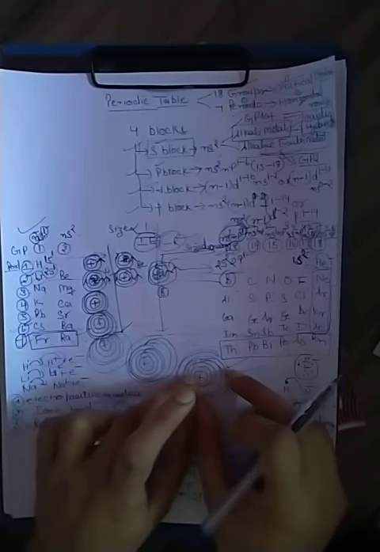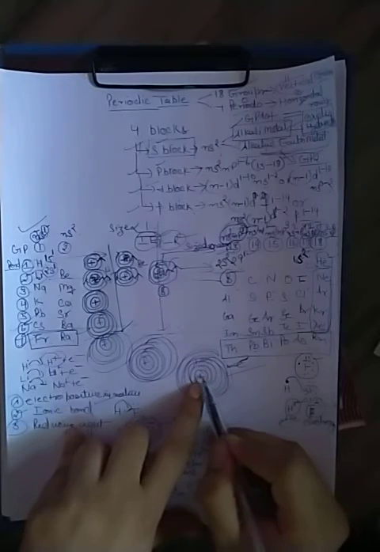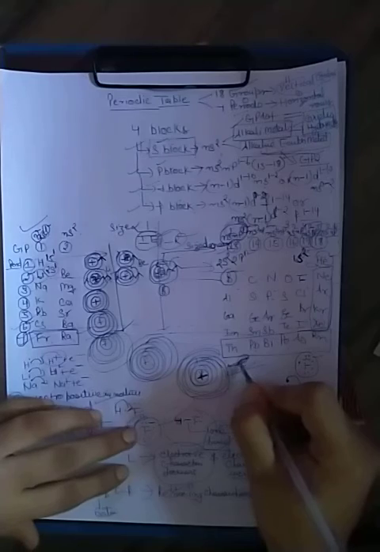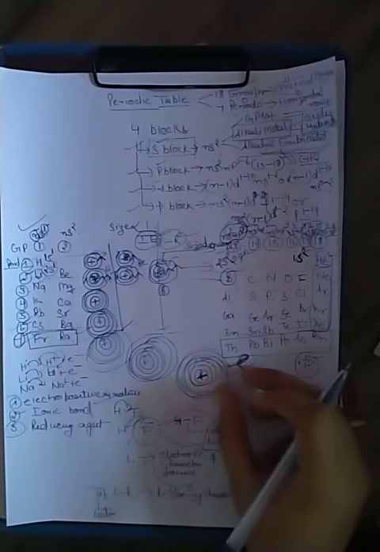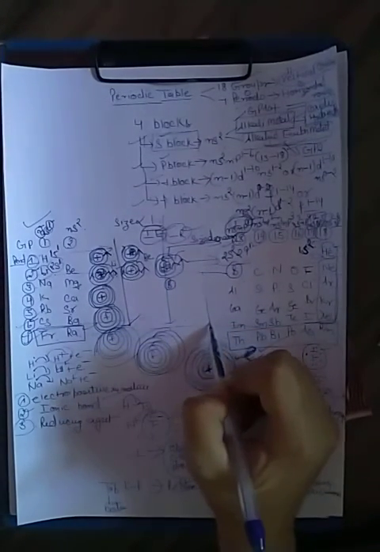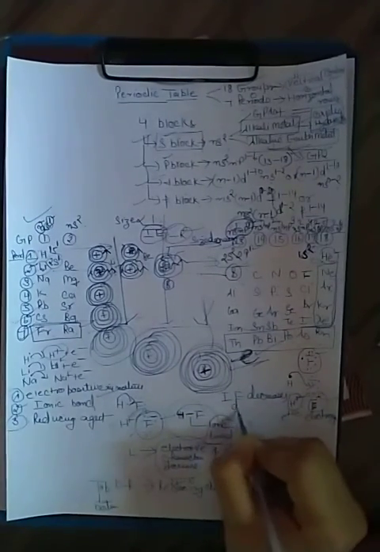It is easy to remove an electron from the atom because of the large distance between the nucleus and the outermost electron, so the outermost electron feels less effective nuclear charge and can easily be lost. Hence ionization enthalpy decreases down the group.